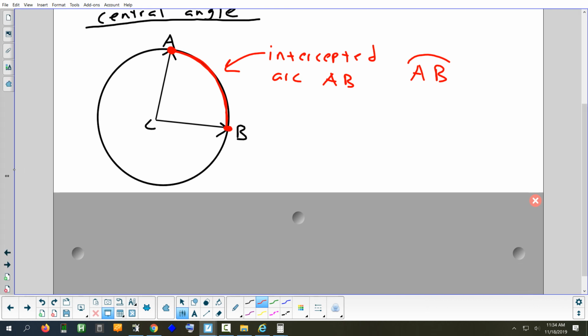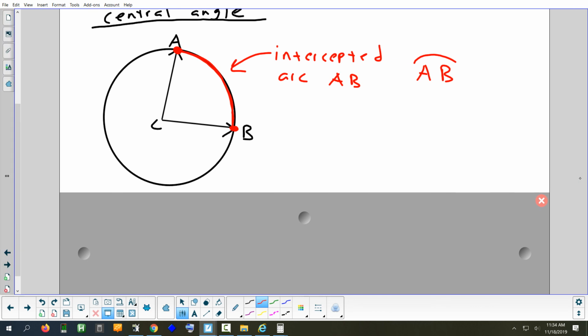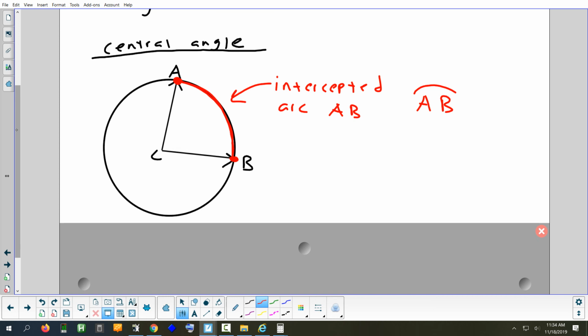Now, I want to look at something special that could happen here. Let's say you took a ruler and you measured the length of this. You get a number. That's the radius of the circle.